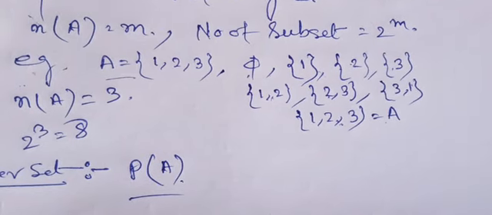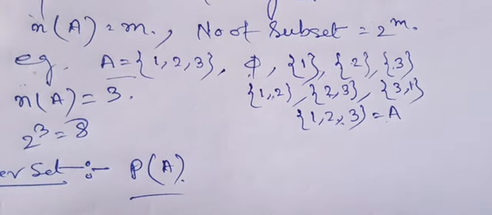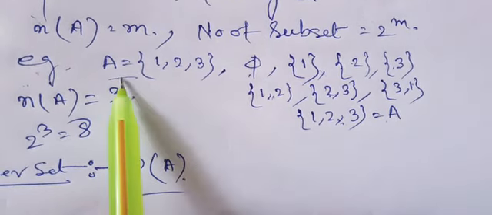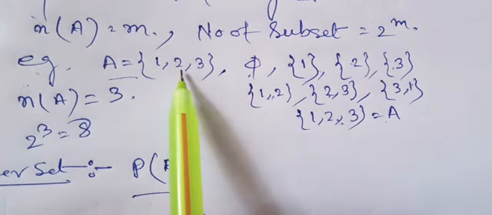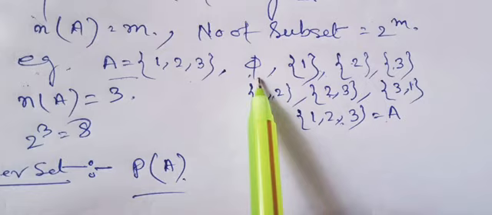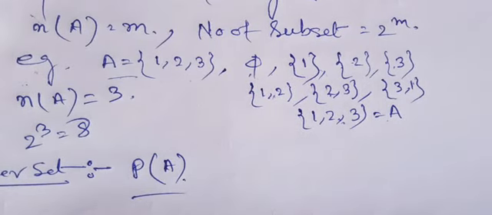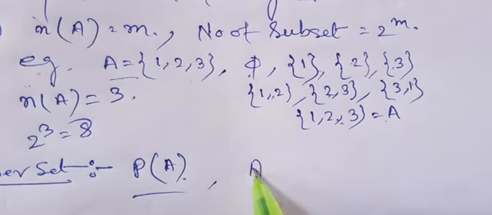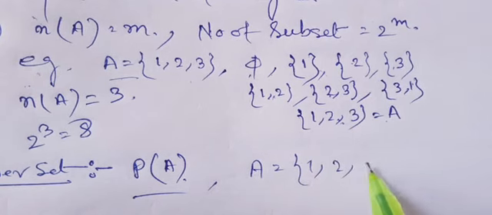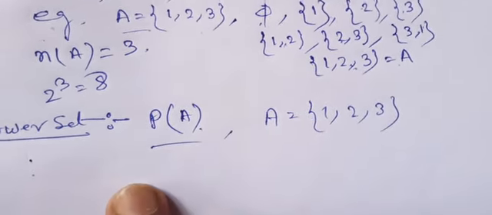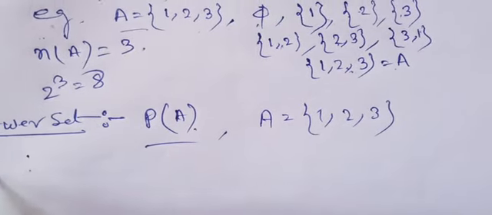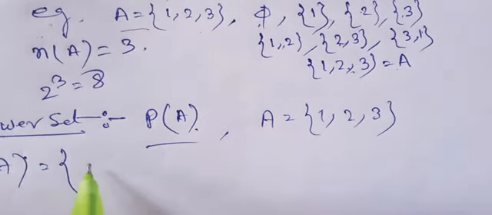Suppose we take the previous example, that is, A is equal to {1, 2, 3}, and these are the subsets of A. So the power set of A, P(A), is equal to what comes?